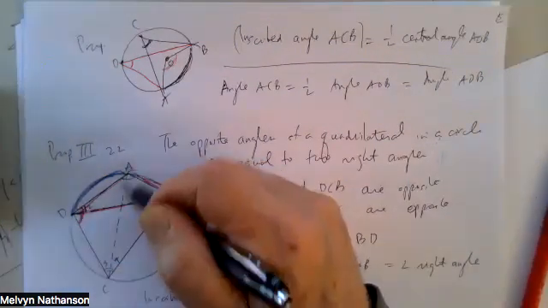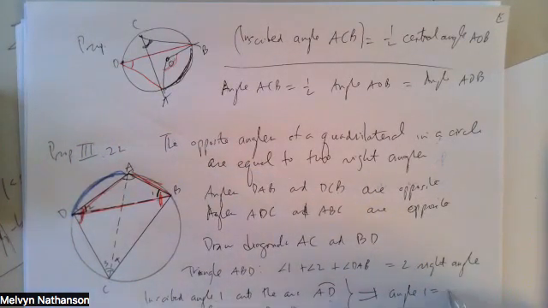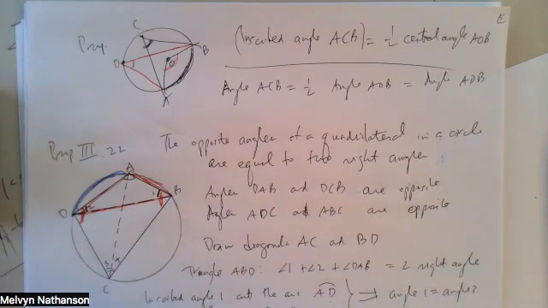This is angle 3, and it cuts out the same blue arc. So therefore, angle 1 equals angle 3. This angle equals this angle.